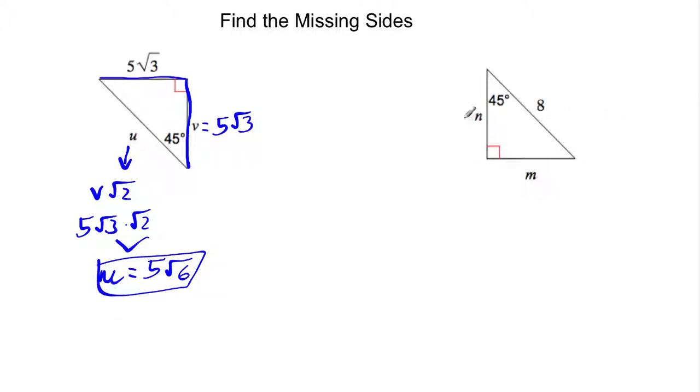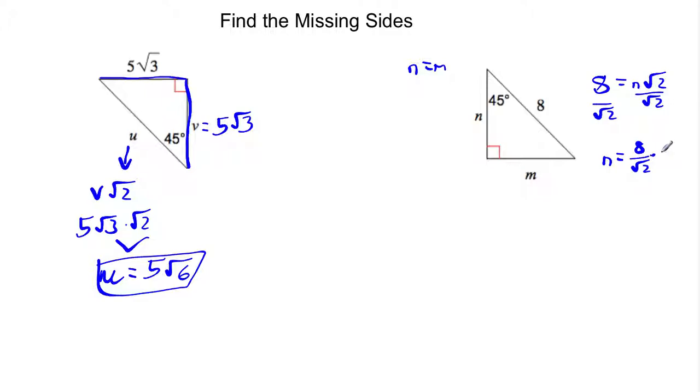Over here, we know that n is going to equal m. And we know that 8 is equal to n times root 2. So to find n, we know we must divide by root 2. So we get that n is equal to 8 over root 2, but we can't leave a square root in the denominator.